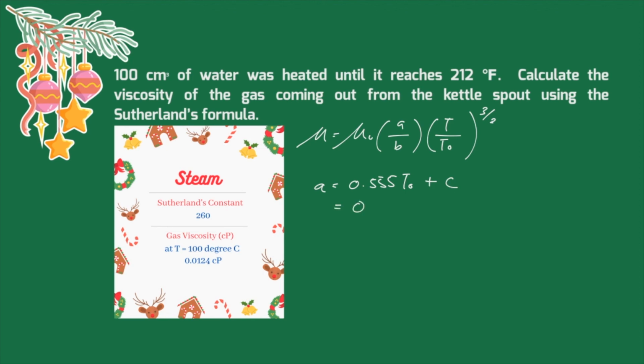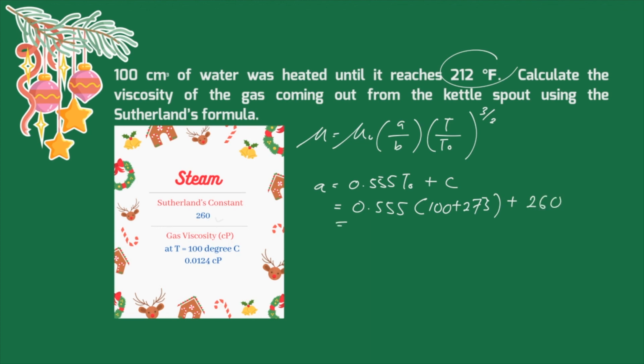From the table we can see that the T naught, the temperature that is the closest to 212 Fahrenheit, which is 100 degrees Celsius, is actually 100. So 100 you need to convert to Kelvin, so 273, which we already calculated before, plus C. The value of C for steam, the Sutherland constant, is 260.